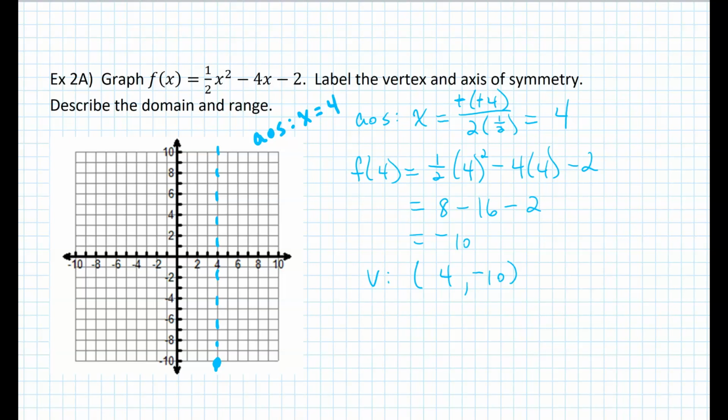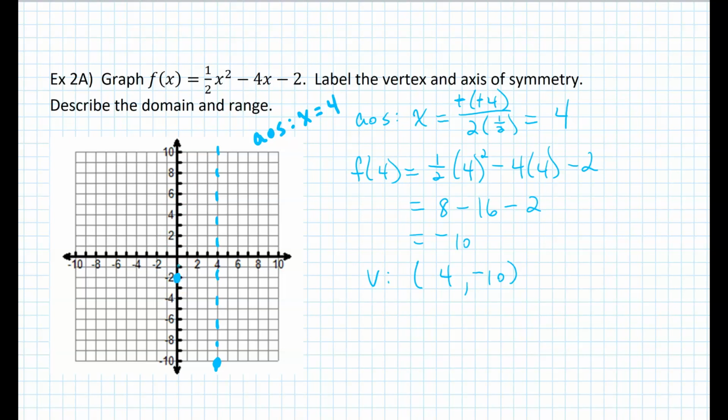We've got our vertex in, so we need at least one other pair of points using symmetry. What would be an easy one to plot? Well, remember, what did we say the C value is? It's the y-intercept. Yes, so I already see that my y-intercept is -2, so I can plot that.